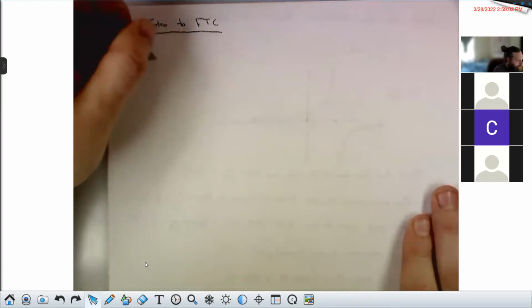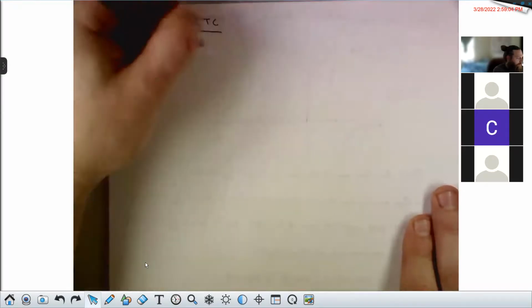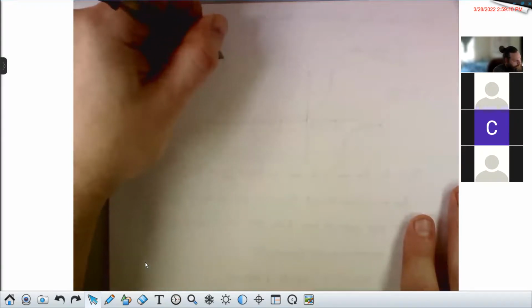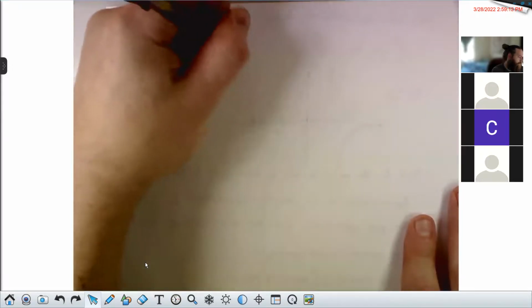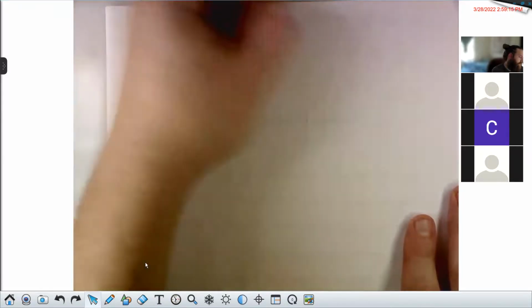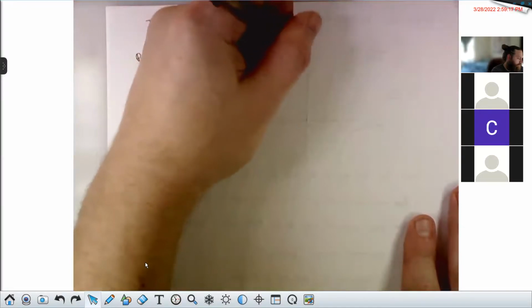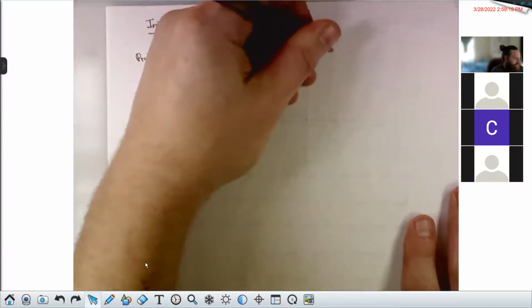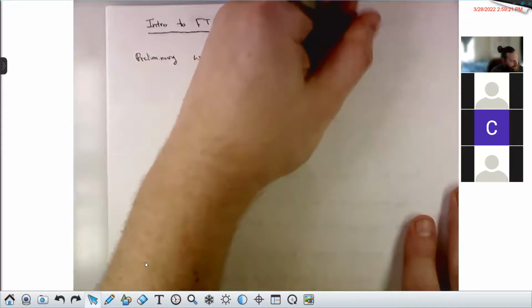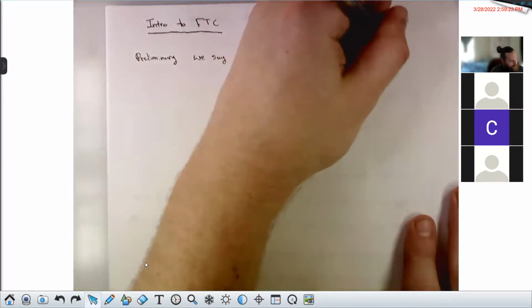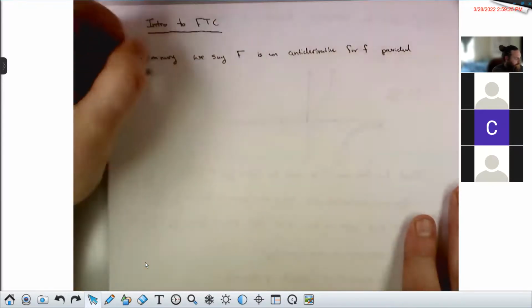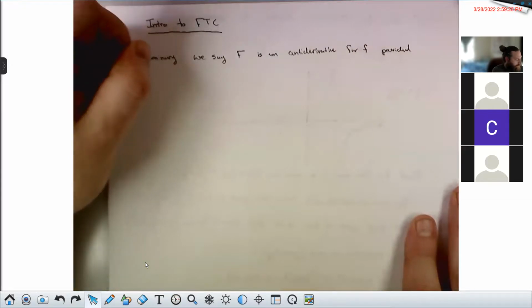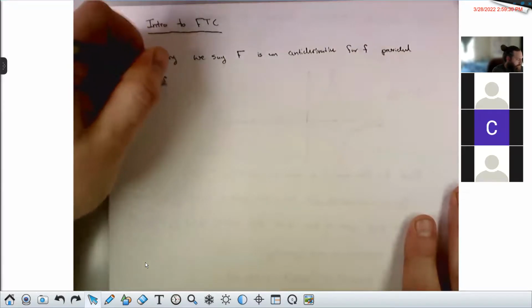A little preliminary. Recall, we say big F is an antiderivative for little f, provided big F primed is equal to little f.